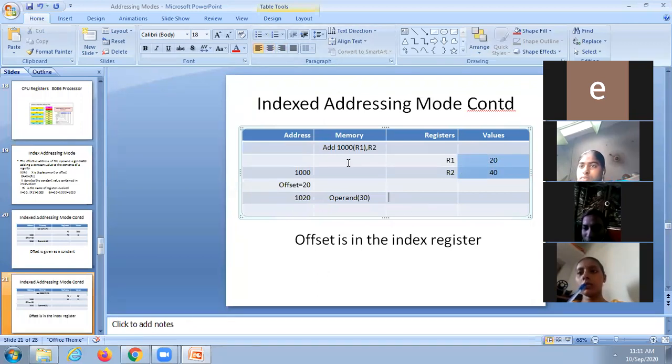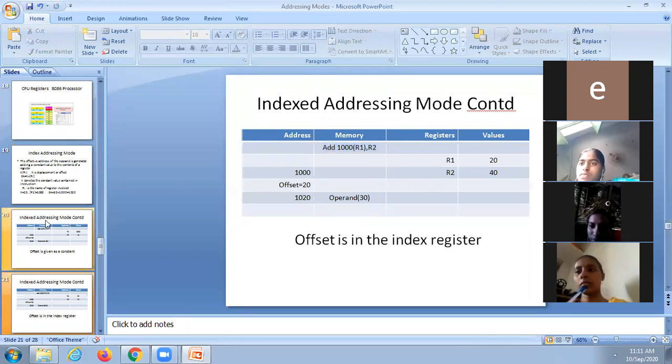What is the output of this instruction now? 70. 70, right? Same. So you can write in this fashion, or in this fashion.